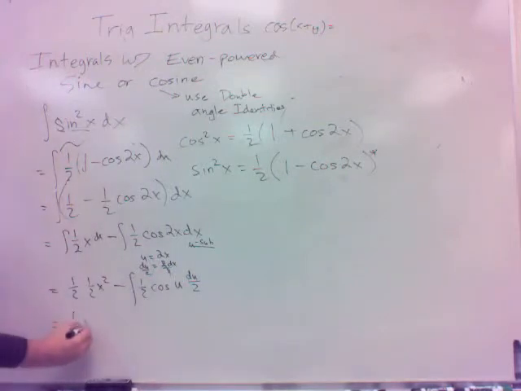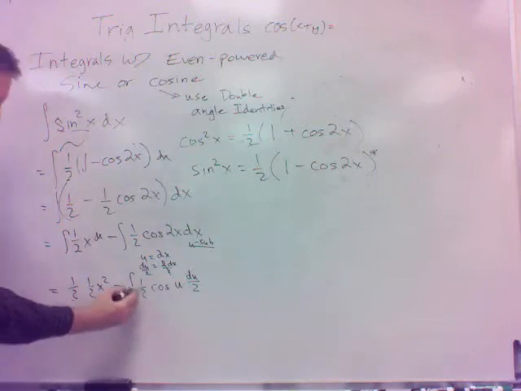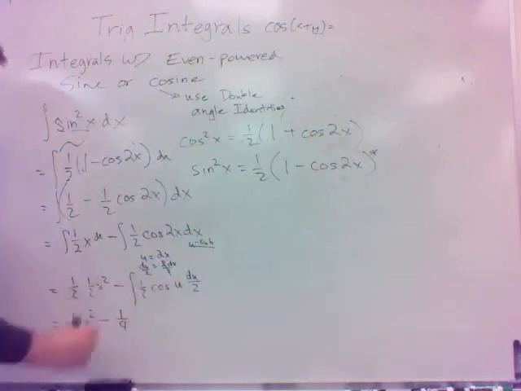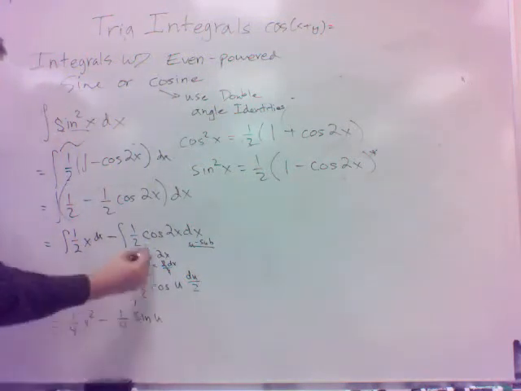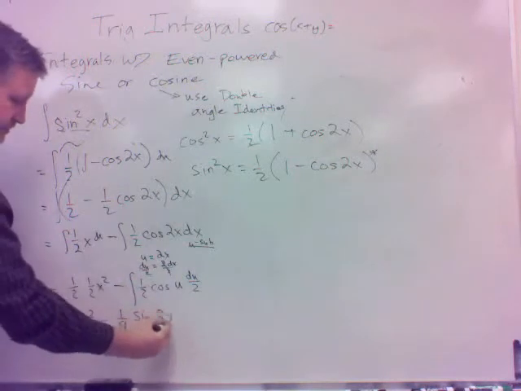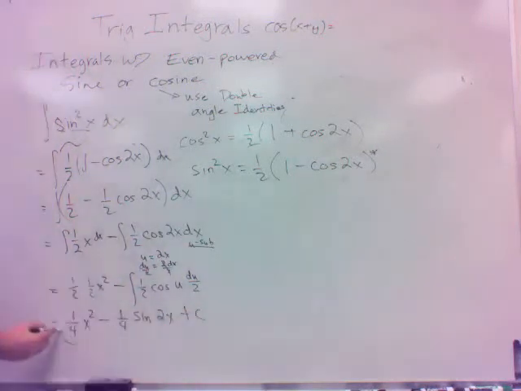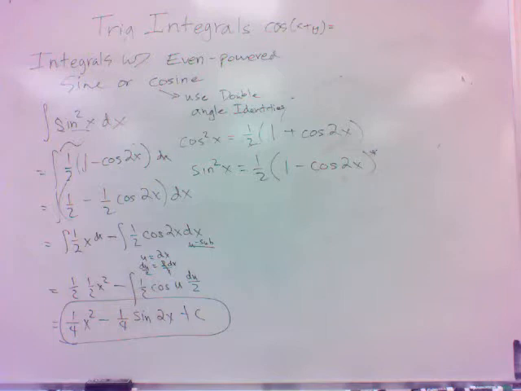So it's 1/4 x squared minus 1/4... the integral of cosine is sine of u, but u was 2x, plus C. So that's kind of what you have to do. Question?